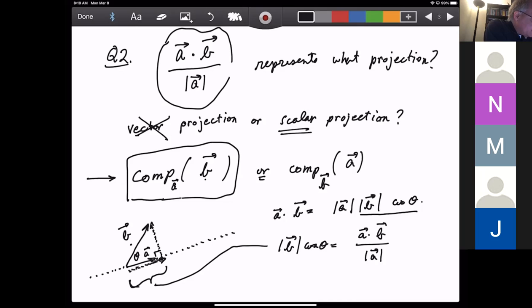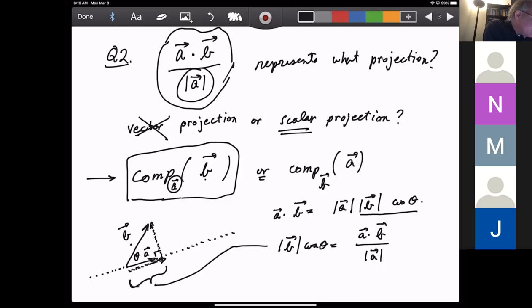In component of the vector B along the vector A, that A appears sort of as a subscript. Whatever vector appears as a subscript there is the vector whose length appears on the bottom of the fraction in the definition of the component.